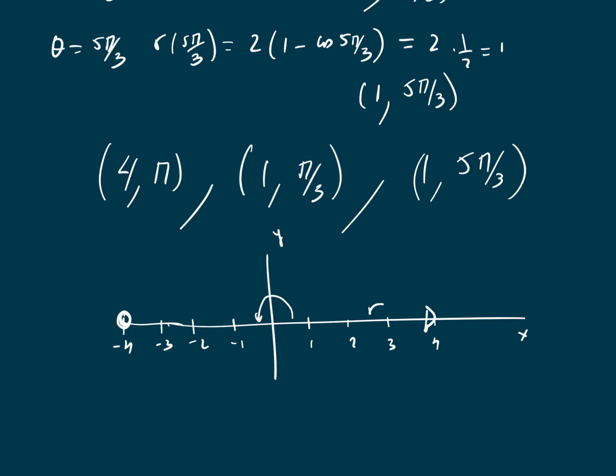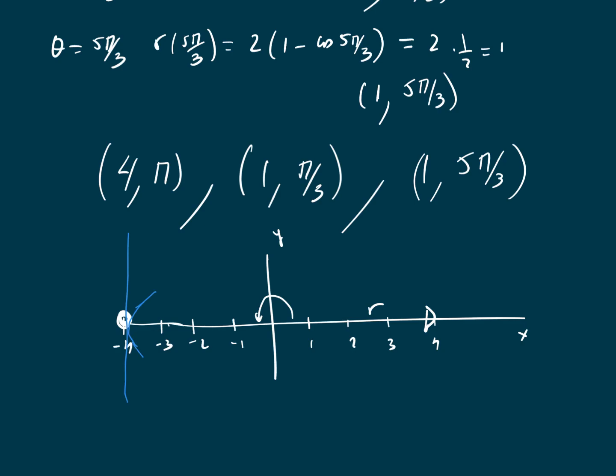So this is 1 point, and this point has a vertical tangent. So the curve has a vertical tangent here, so the curve is doing like this. Okay.